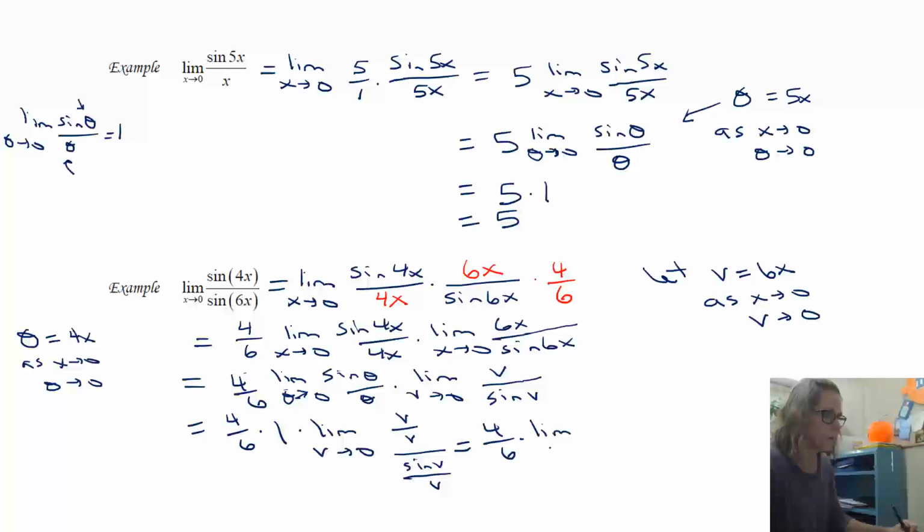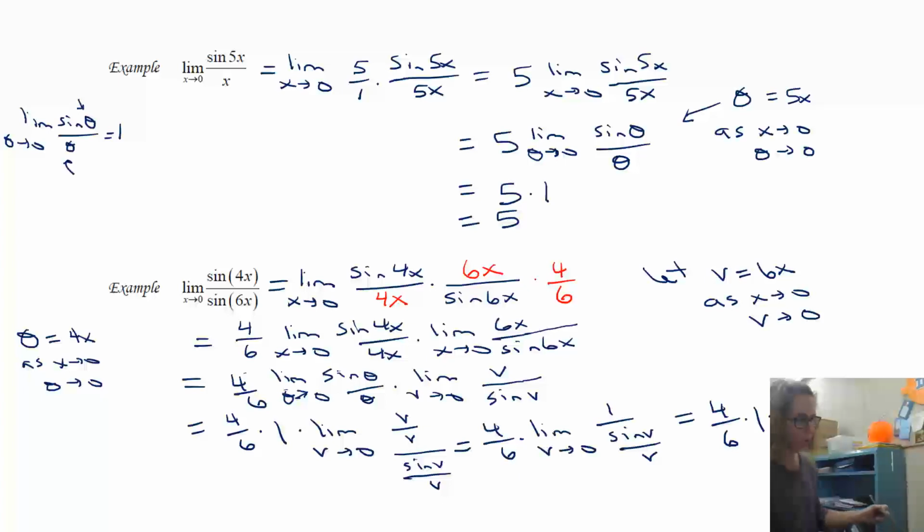As v goes to 0, we get 1 over sine v over v. But we know that the limit as v goes to 0 of sine v over v is 1. So we can now just have 4 over 6 times 1, and that gives us 4 over 6.